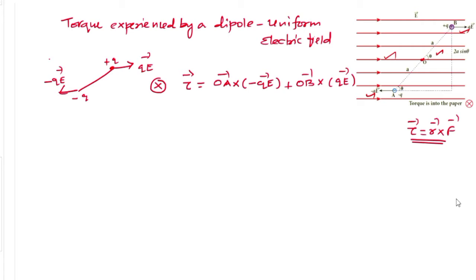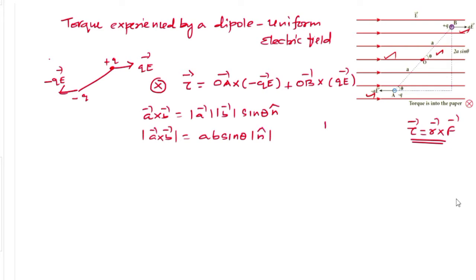We know very well A vector cross B vector is equal to modulus A into modulus B into sine theta into n cap. So modulus A cross B is simply AB sine theta into modulus n cap. You know very well modulus n cap is equal to 1, therefore you simply get AB sine theta. This technique we are going to use here.